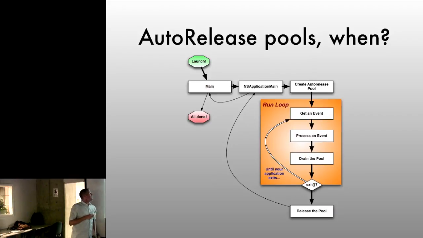So here's where your program starts at launch, calls your main, which typically calls NSApplicationMain. If you look at boilerplate code, when you create a new project, you'll see the main.m file has a call to NSApplicationMain, and that's usually all that it does, because NSApplicationMain is responsible for handling everything.